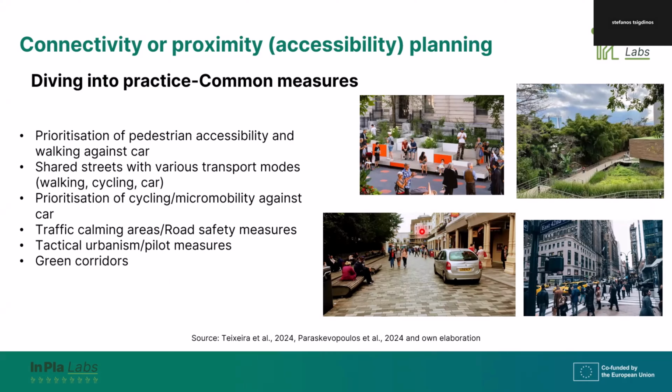One more that is really important is tactical urbanism and all these pilot measures, again something emerging during COVID times, and the green corridors, which are connectors of green spaces. So it's a common measure, because we have to think about the green spaces and also connect them appropriately.